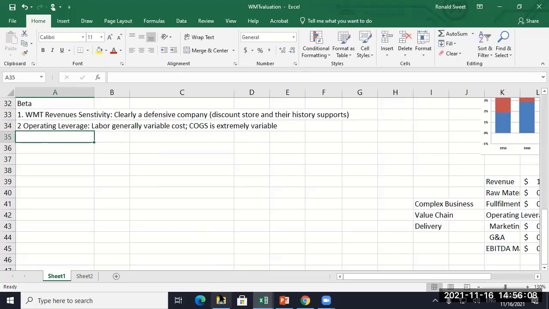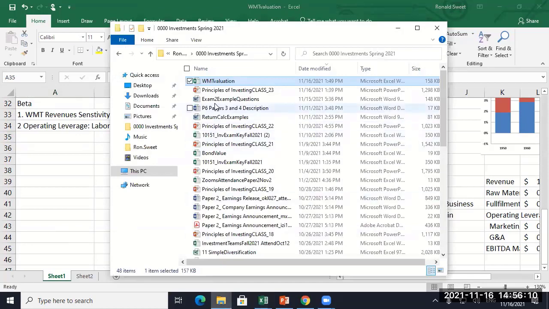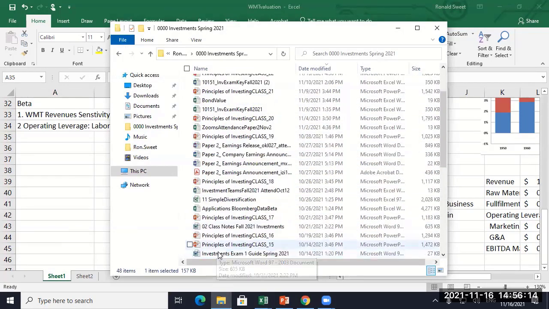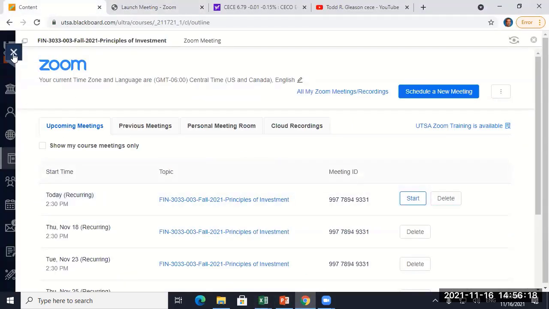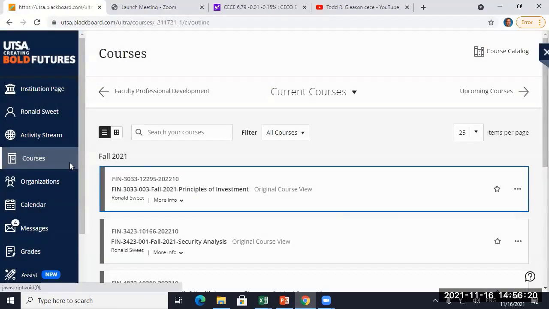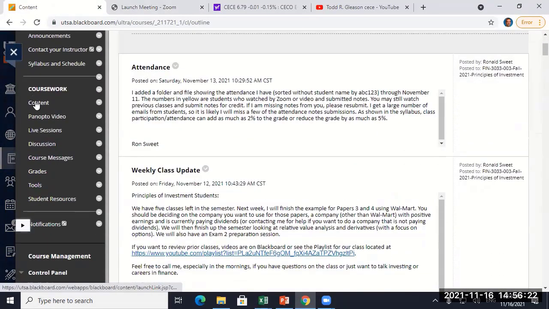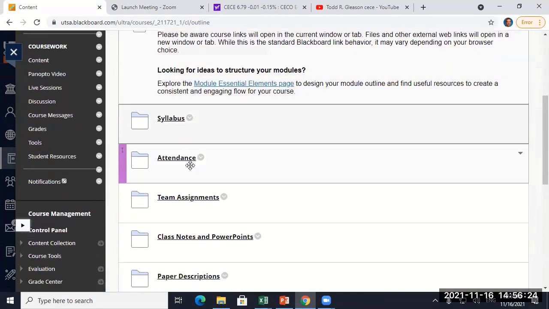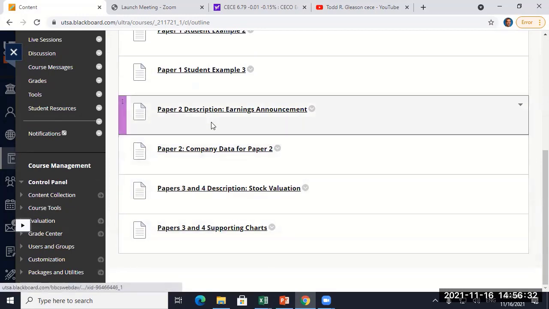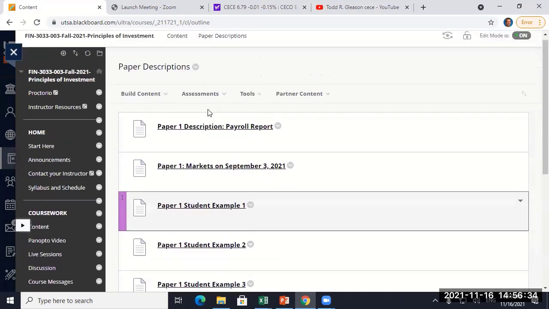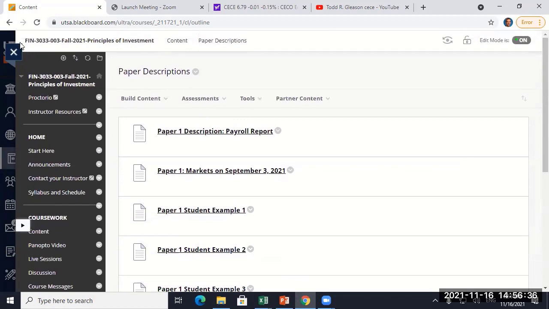So I gave you a file that shows you how to do this. Hopefully I saved it, so I don't have to go load it. But it looks like I didn't. So let me go load the file. I can at least show you where it is. If you go into our contents and files for papers or paper descriptions, did I not load it? My word. Okay, let me go find it.